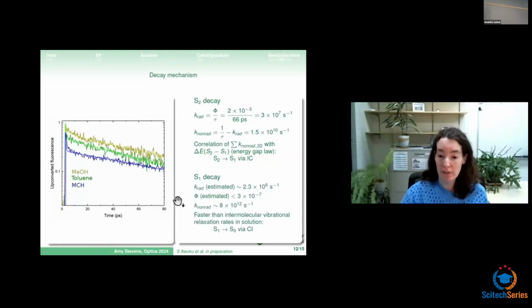It's 10 to the 12. This is so large that it's actually faster than intermolecular vibrational relaxation rates in solution. So this implies that our S1 to S0 decay occurs via this conical intersection. So most of what we're seeing are non-radiative decay pathways.